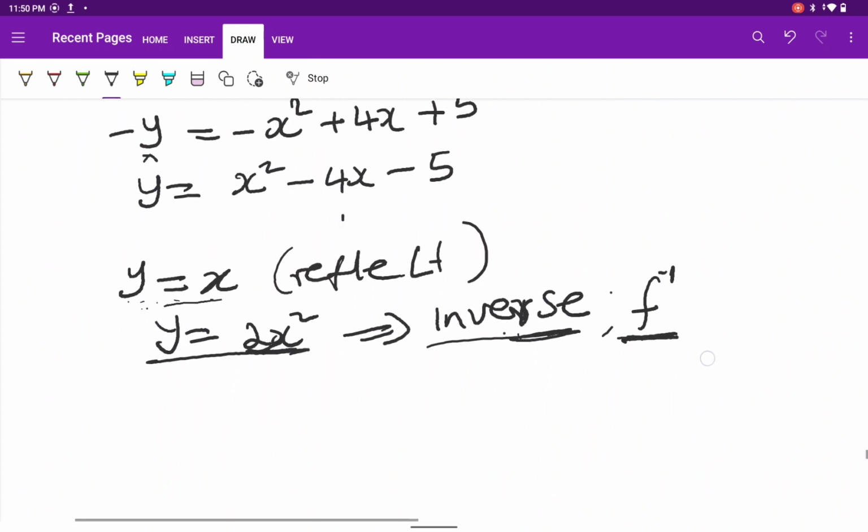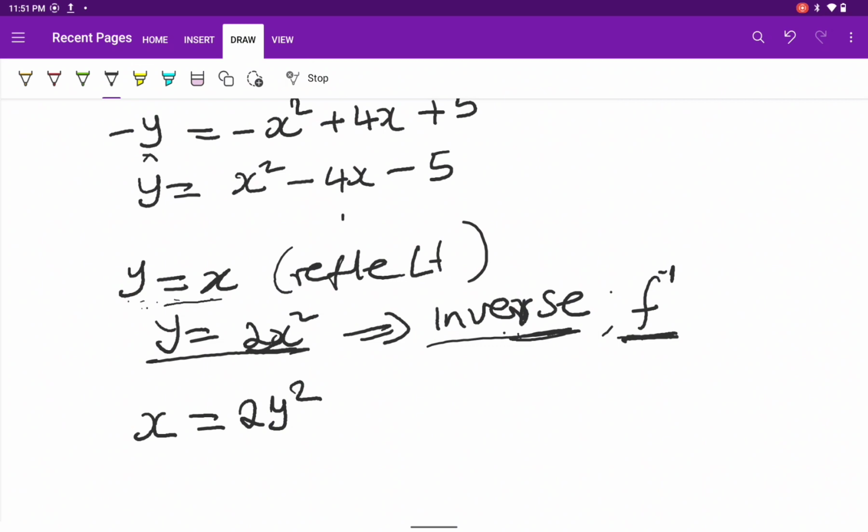And then remember, for the inverse or reflection along the line y equals x, we are going to exchange the x and y. So here is our equation. Where we see y, we put x. Where we see x, we put y, and then after that we solve for y. So in this case, we'll say x equals 2, and then now we put y squared. Right, this is our equation, but we need to rewrite it and make y the subject of the formula.